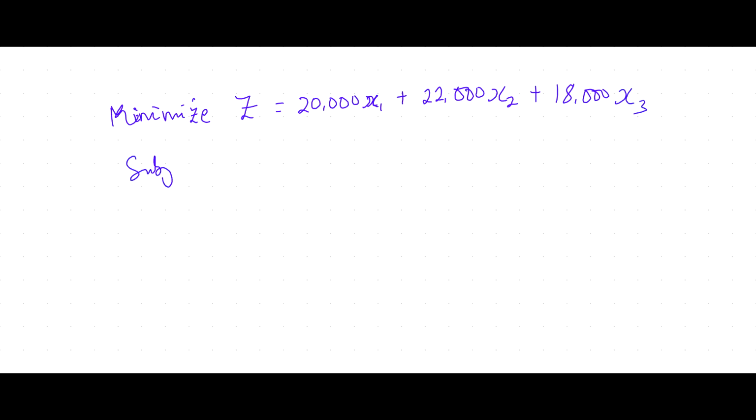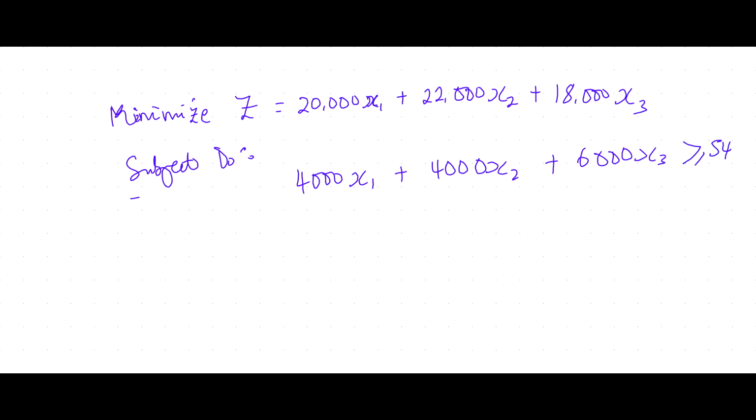Then we'll say that this one is subject to the low grade: 4,000 X1 plus 4,000 X2 plus 6,000 X3, and is greater than or equal to 54,000.